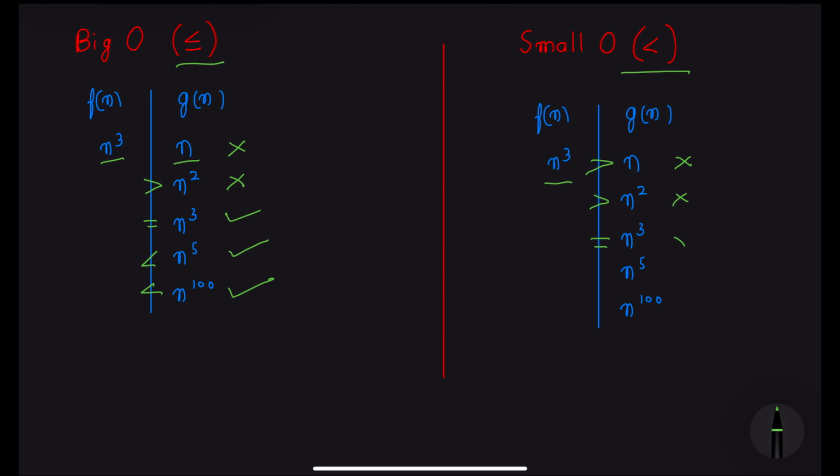For n raised to the power 5, it is greater than n cube, so this will be small o as well as big O. For n raised to the power 100, it is the same, it is greater than n cube, so it will be both small o and big O.